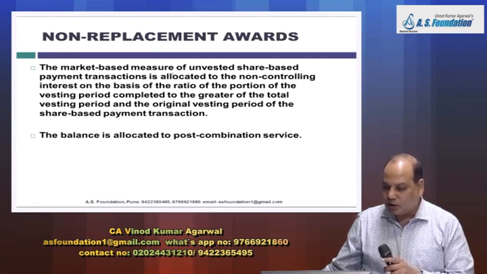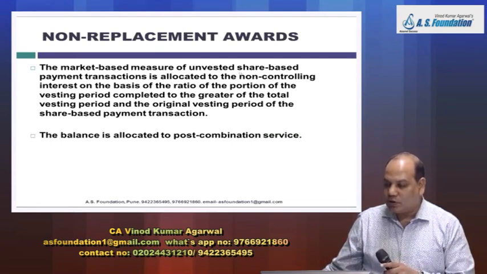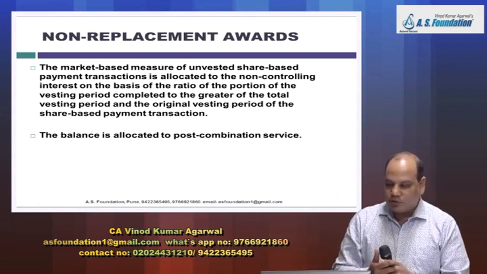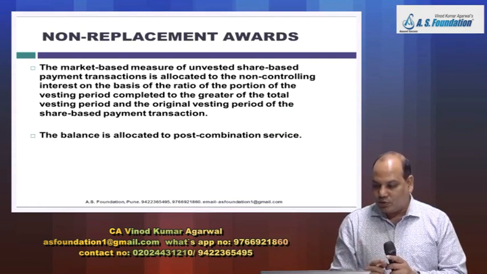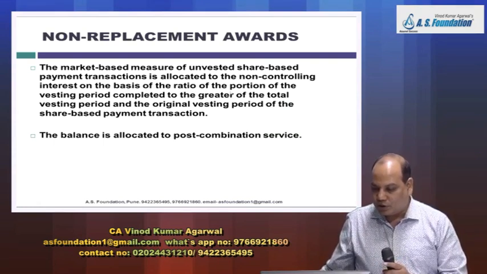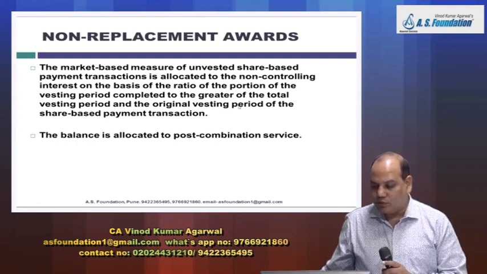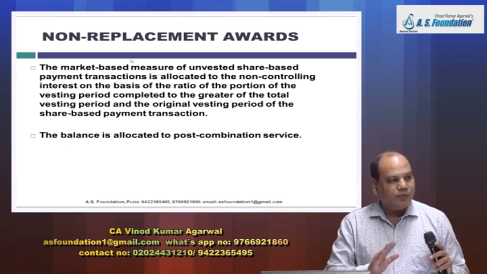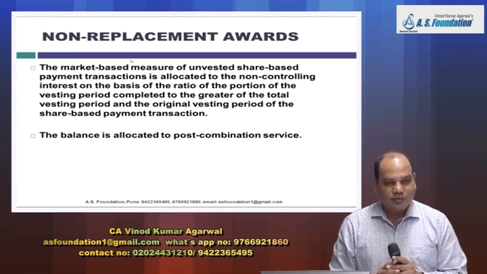Okay. So the market based measure of an unvested share based payment transaction, similar to what we did in the previous 2-3 questions, is allocated to NCI on the basis of the ratio of the portion of the vesting period completed to the greater of the total vesting period and the original vesting period of the share based payment transaction. Vested will be fully allocated to NCI.